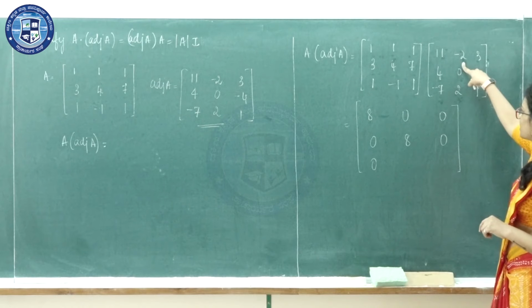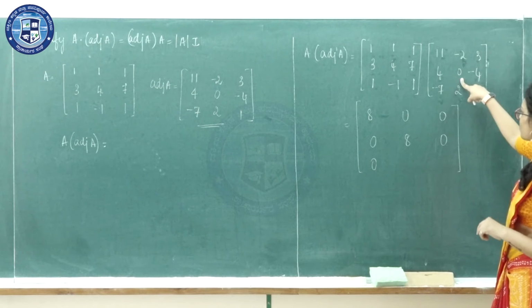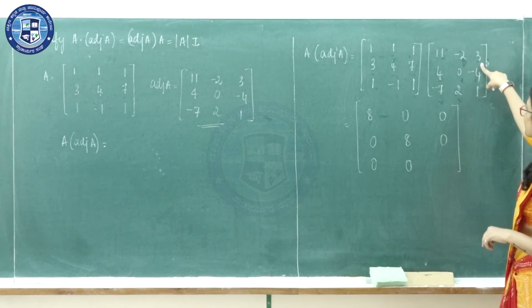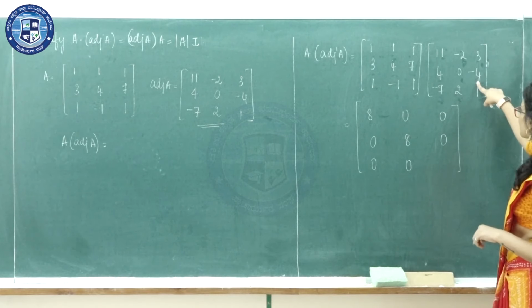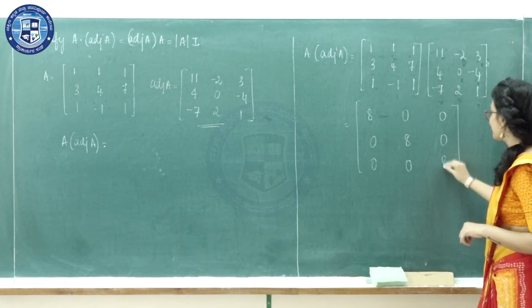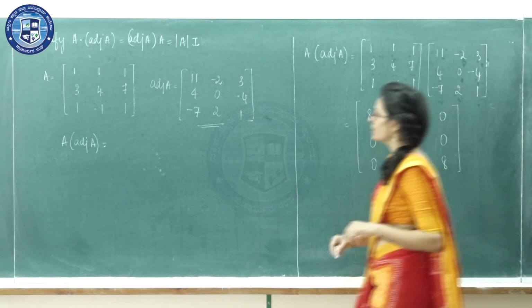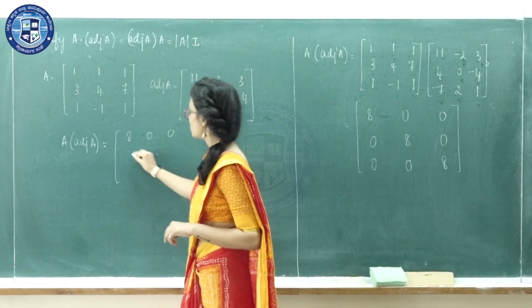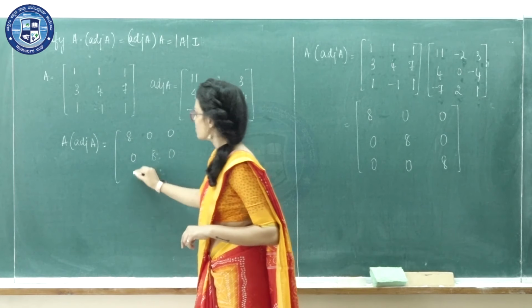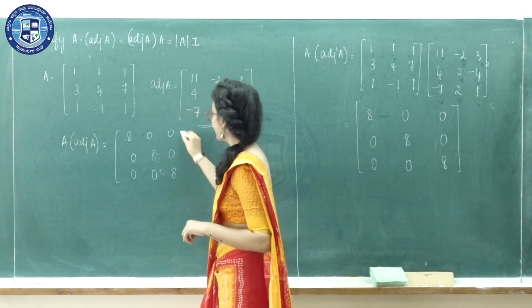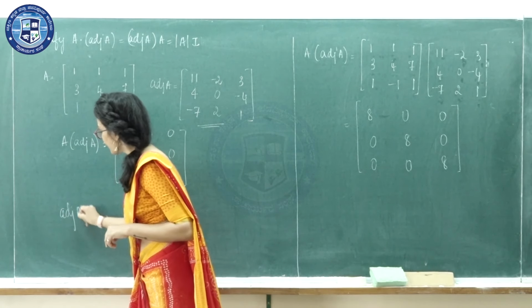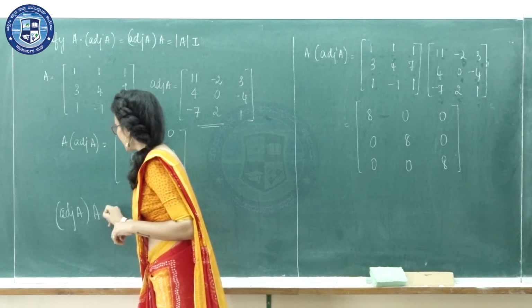Next we have minus 2, 0 plus 2 is 0. Next term we get 3 plus 4 plus 1, that is 8. So we got A into adjoint A is 8, 0, 0, 0, 8, 0 and 0, 0, 8. Now similarly, let us find what is adjoint A into A.